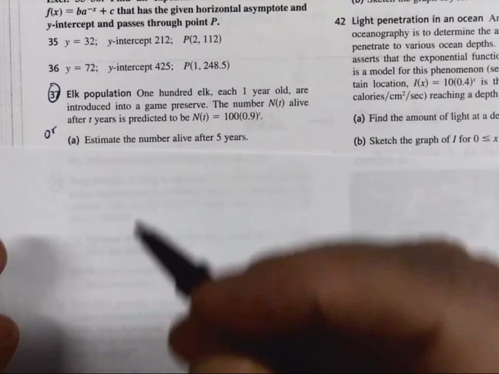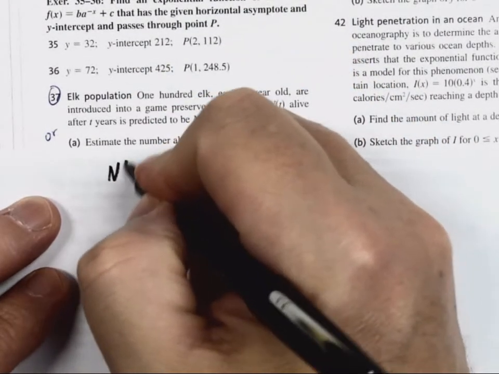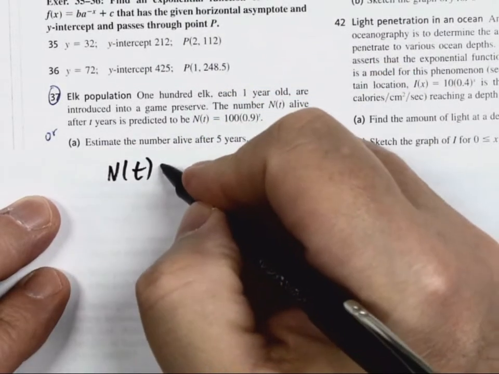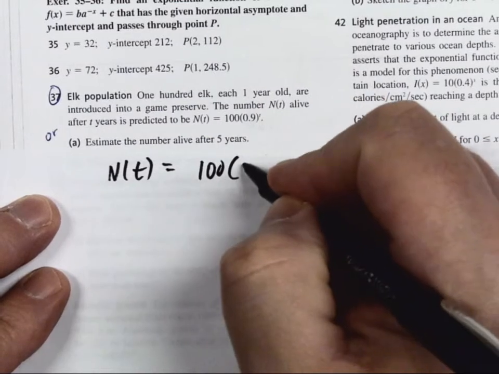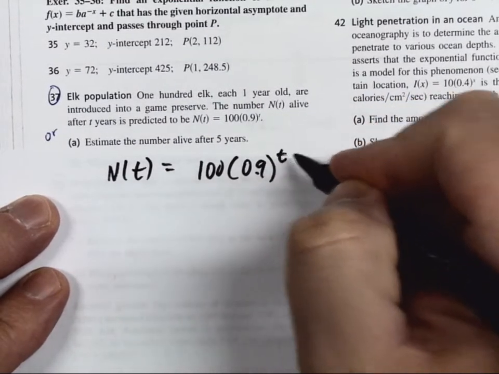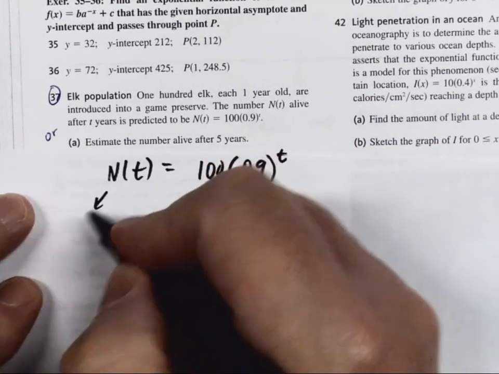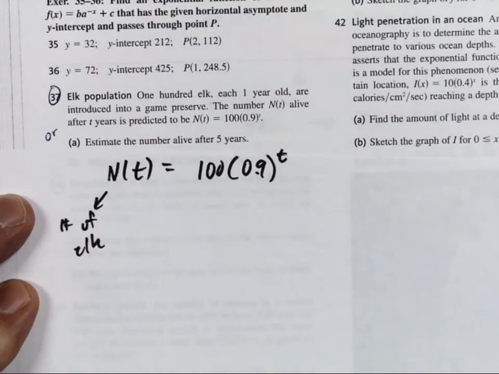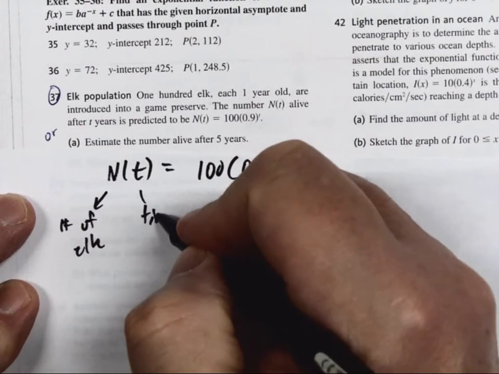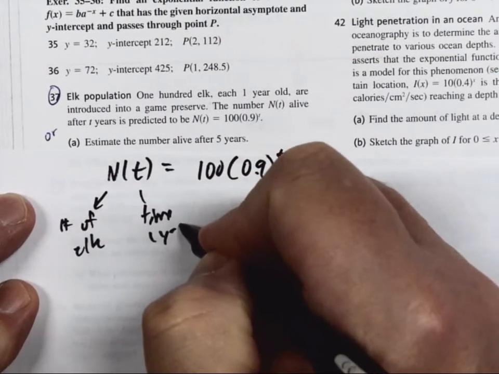Pretty straightforward. So let's just write this out. Here's my equation for the number of elk. N is number of elk. T is time in years.